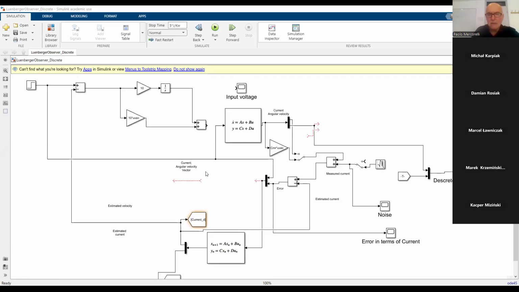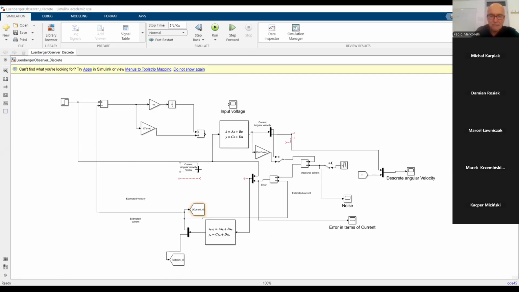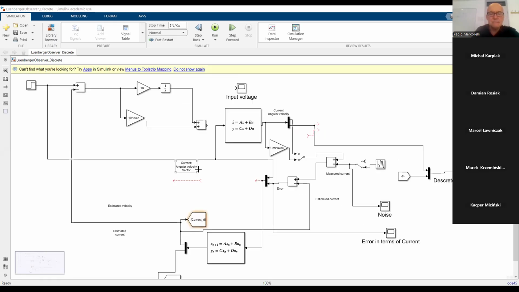Ah, no, we have just the discrete, excuse me. In this we have just the discrete, in which it is possible to connect, please pay attention here, with any PI control. But at this moment it is not connected.